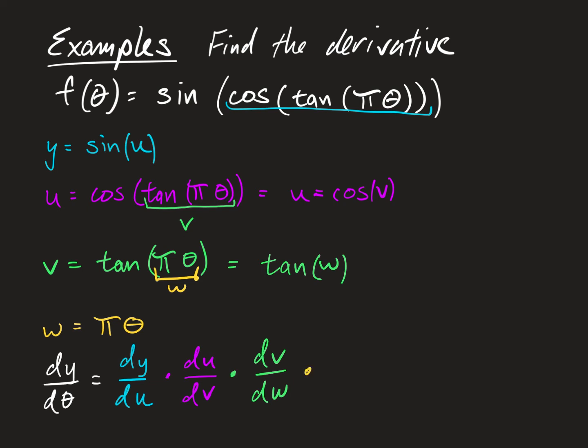And finally, since there are no more inner and outer functions here, we're going to take the derivative of w with respect to theta. And it's almost like you can think of these as canceling out. du would cancel with du, dv would cancel with dv, dw with dw, and you'd be left with a dy d theta. But really what's happening is we have to take the derivatives with respect to all these other variables in order to make it work. On the next slide, we'll go ahead and finish this up.